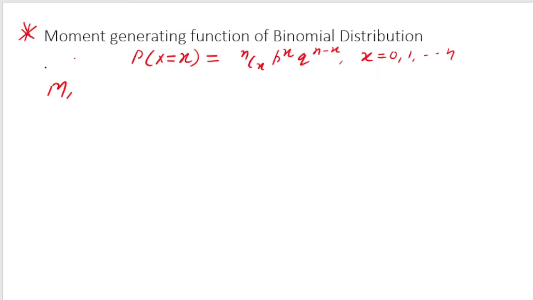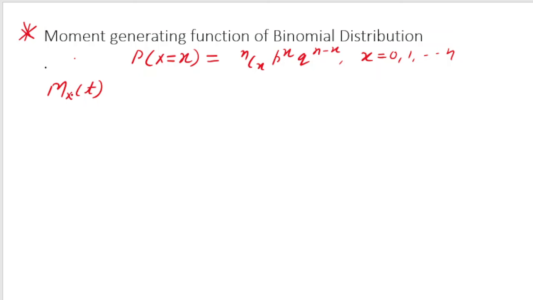So let us talk about the moment generating function of the binomial distribution. I hope you remember the probability distribution for the binomial distribution, that is the probability of x number of successes is equal to nCx p to the power x q to the power n minus x, where this x can take values from 0 to n. I hope you remember this. Now what is the moment generating function? That is M of x at t.